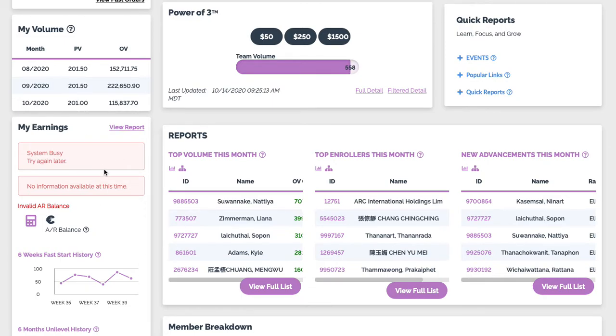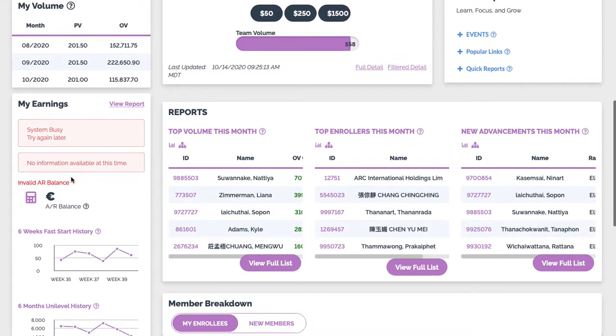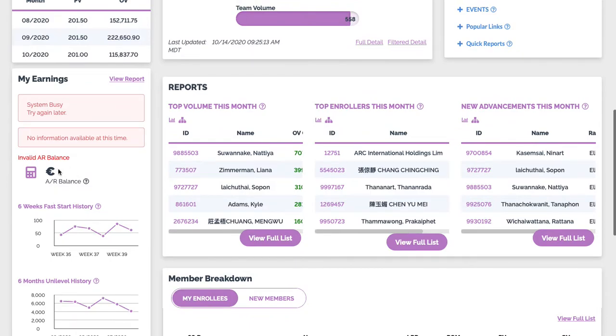It looks like the company is probably running commissions today, and sometimes that shows as not there, but that's okay. When you look at this in the future, you'll see your earnings there. That's the current amount of money on your account. You can see it in euros; if this was a US account, it would be a dollar sign.